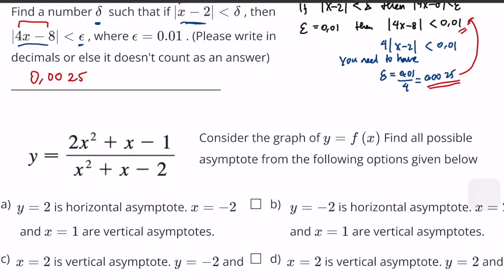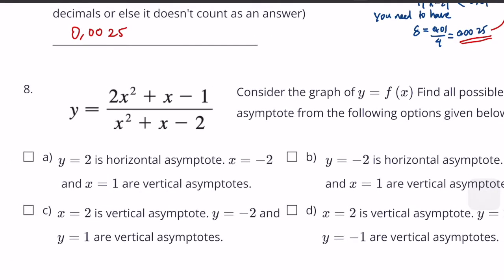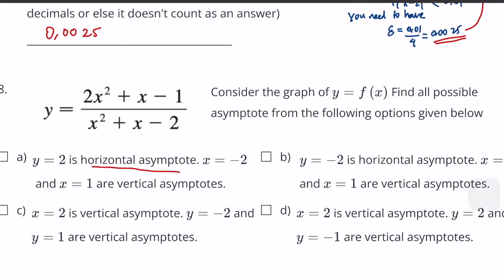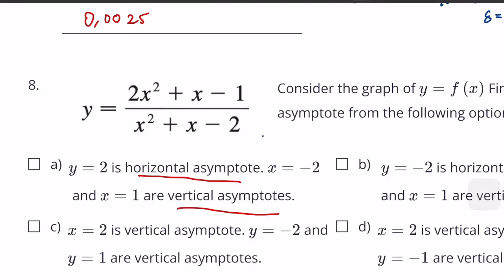Consider the graph, and find out the possible asymptote from the following options given below. Okay. Now look at the functions. We have rational functions. So first, to get the idea, because all the options have a horizontal asymptote and a vertical asymptote, we need to check. First, check the bottom here.